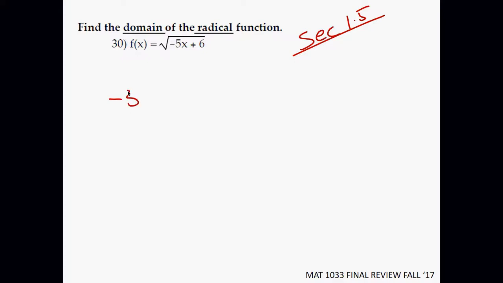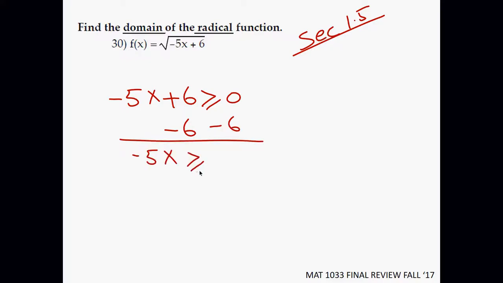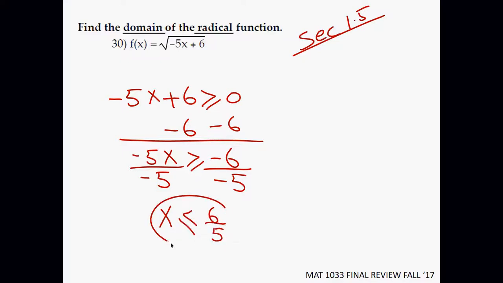So we have to make sure that everything under the radical will be positive. And we need to solve that inequality. So you subtract x from both sides. You get negative 5x greater than or equal to negative 6. Then we have to divide by negative 5. And here be aware, when we divide by a negative, we must switch the inequality. So that will be x less than or equal to 6 over 5. And that will be your answer.